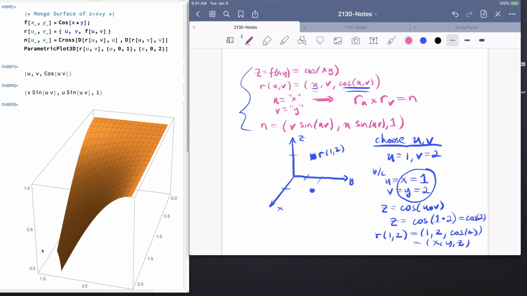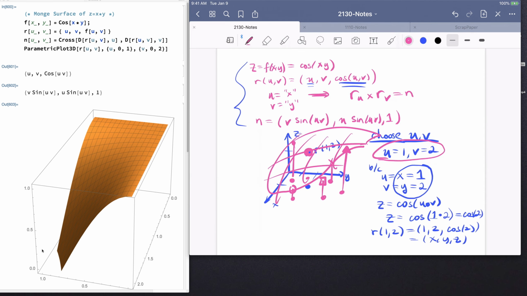And if you do enough of those points, choose enough UV values, and every time you choose a UV, you are by default choosing an XY value. If you plot enough of those points, find enough of the Z values above those points, they look like this, right? Then you would create a surface, okay? And r of 1 comma 2 is one particular point on that surface.